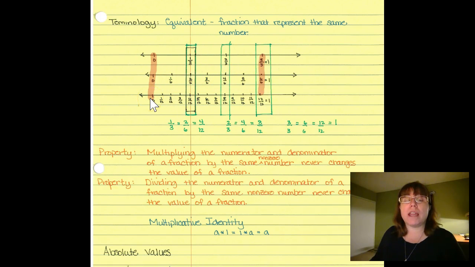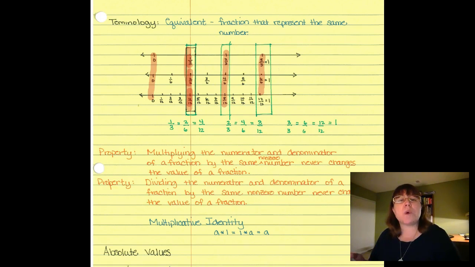The third line I divided up into 12 parts. I have equivalent fractions on each of those lines. For example, 1/3 is equivalent to 2/6 is equivalent to 4/12. Visually, they all line up one on top of one another. Likewise, with 2/3, 4/6, and 8/12. They are equivalent fractions. They represent the same number on the number line.